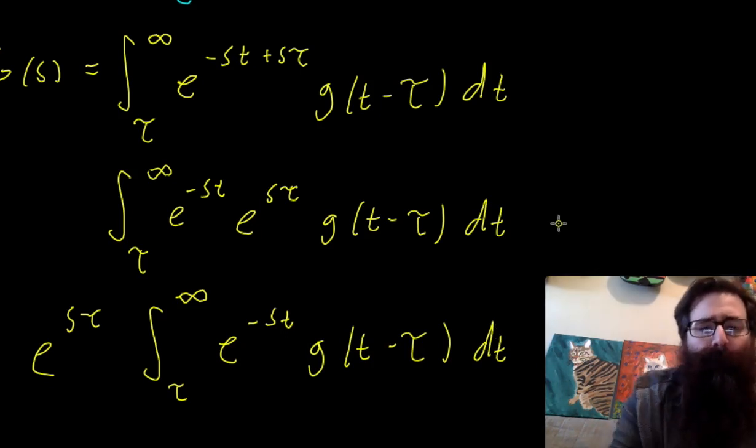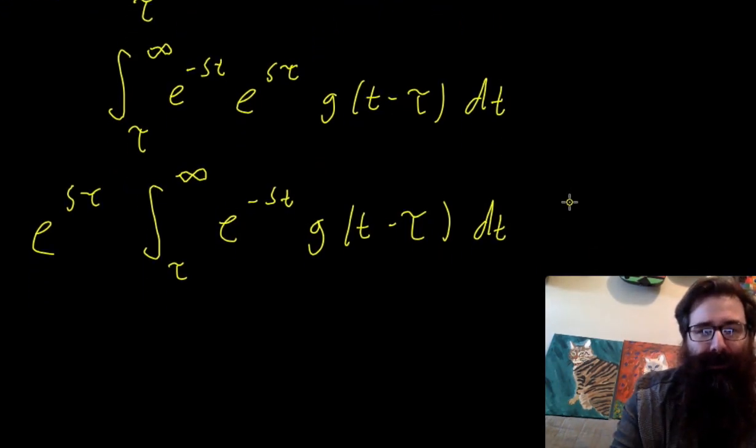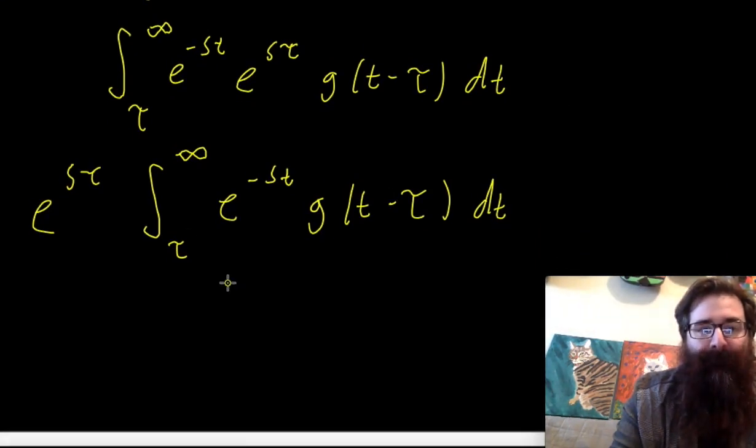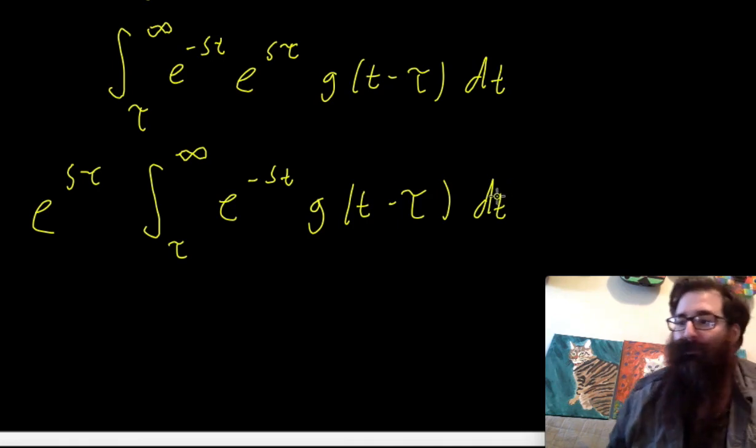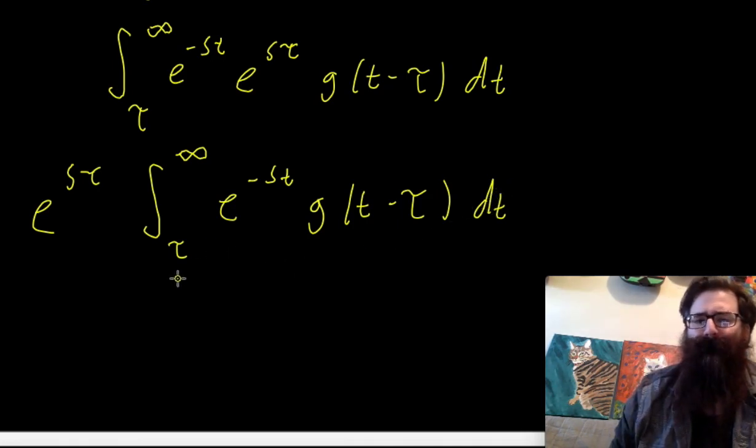And now there's one more claim that we want to make here: I want to change this lower bound from tau to 0. There's a bit of motivation behind doing that. For working with our variables, we want to make sure we're not doing anything that we shouldn't be doing.